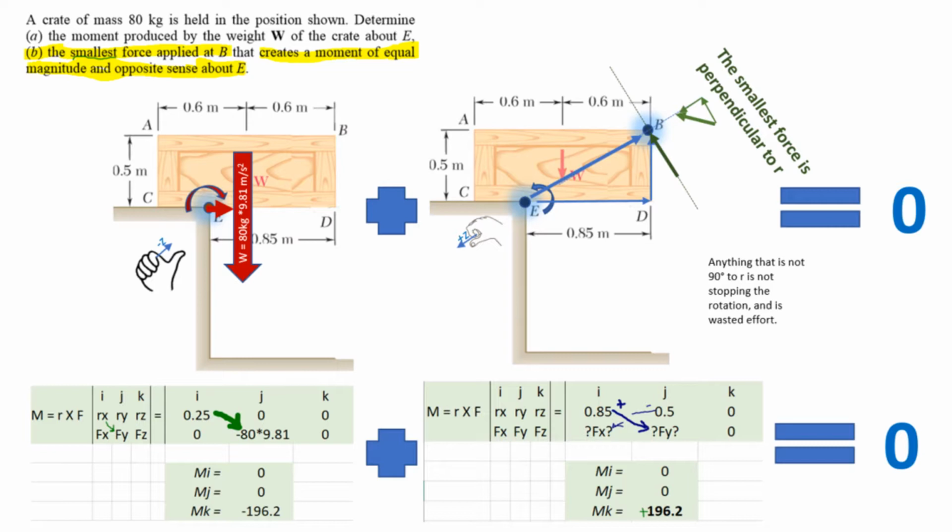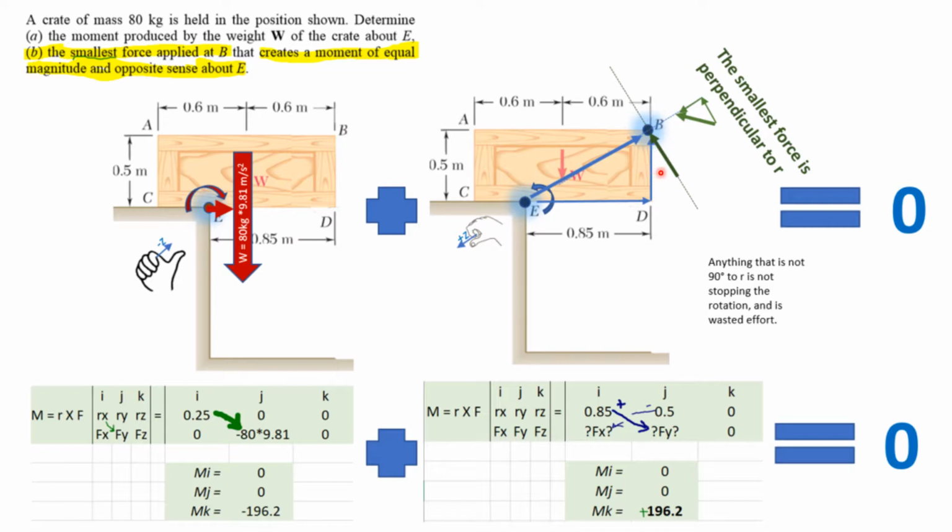Rather than going through the pain of analytic and numerical solutions on Excel and Mathematica, the other way to solve this is graphically. And by graphically, I mean you're going to look at the picture of this and think through intuitively what the answer should be. Remember, part of this force is going to be creating rotational motion, and part of this force is going to be creating translational motion.